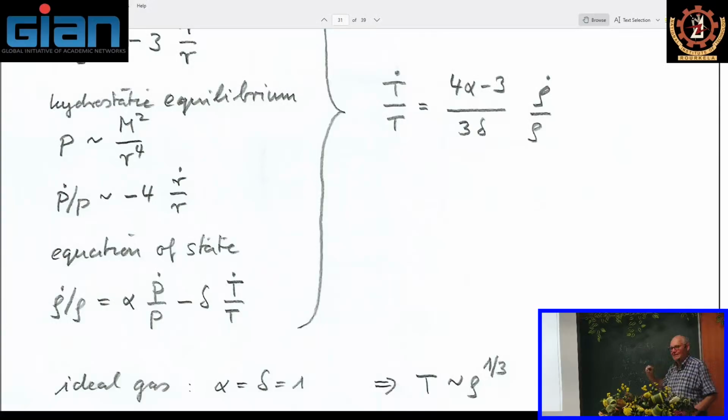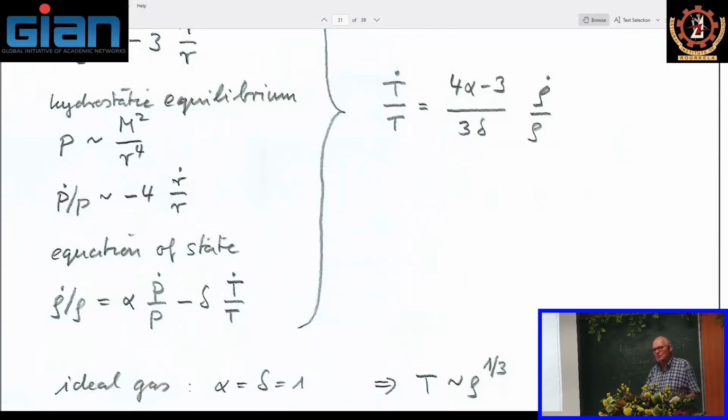Then this quantity goes like the number density of electrons to 2/3, because this has power 2. If we have charge neutrality, then for each electron we have a nucleon, so this will be proportional to the density of our matter. In that case, we would get T proportional to the density to 2/3.